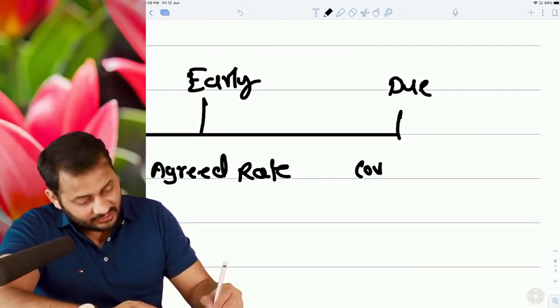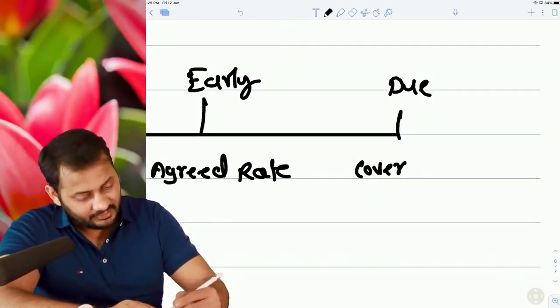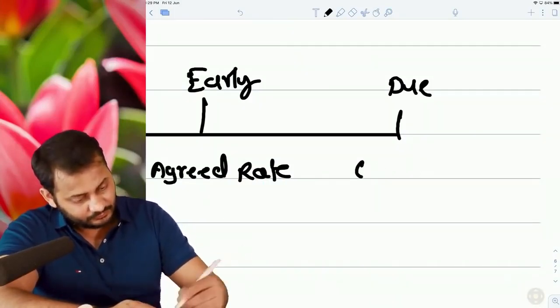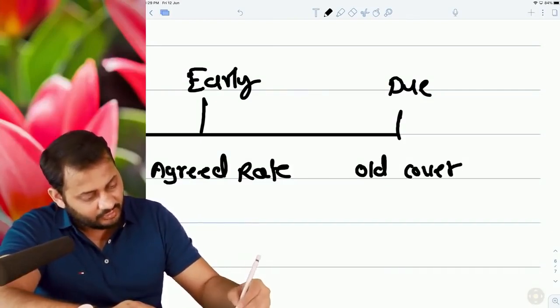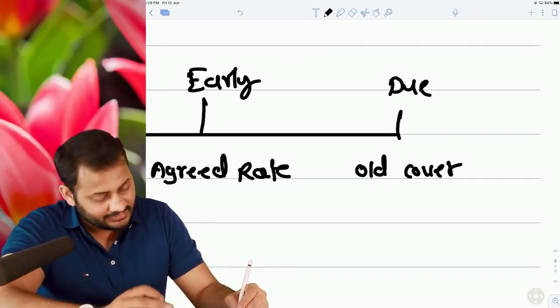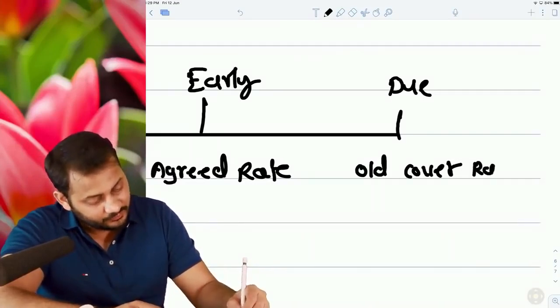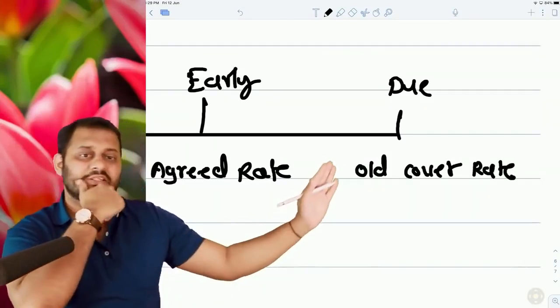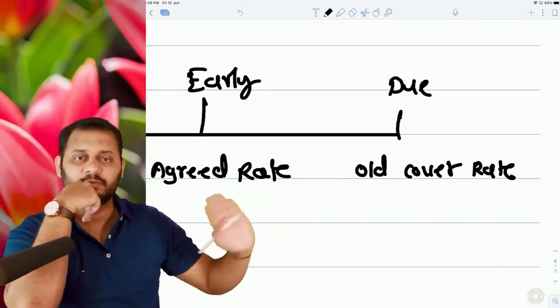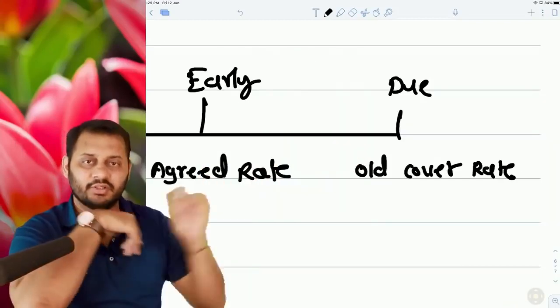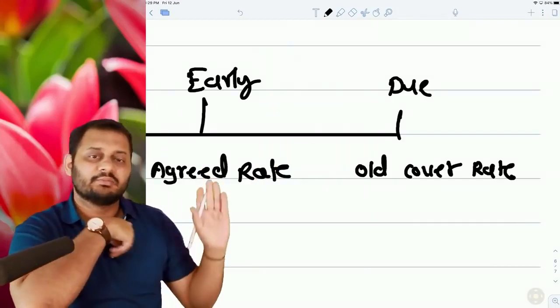For this agreed rate, the bank had taken cover, and we will call it the old cover rate. This cover contract was there to cover this contract, and both of them should have happened at this point only, but because of the customer it happened here.